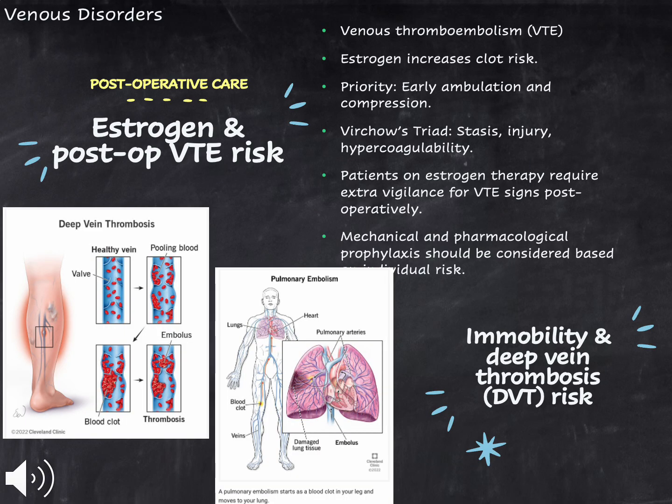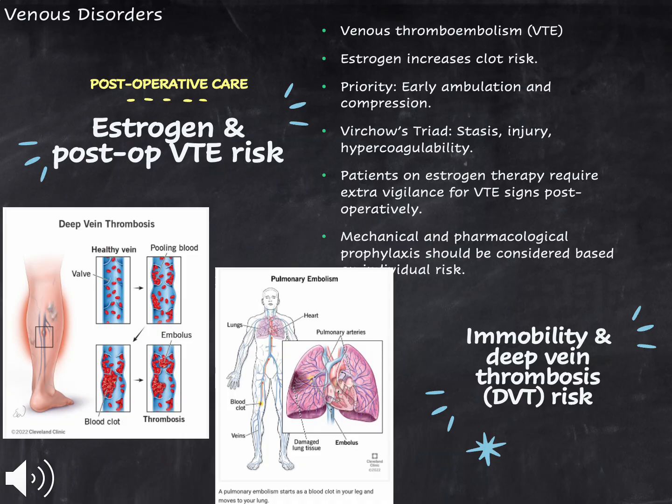Now, let's look at a particularly high-risk situation, when immobility and estrogen therapy combine to increase the risk for deep vein thrombosis, DVT, and pulmonary embolism, PE. Estrogen-containing medications, like oral contraceptives or hormone replacement therapy, raise clotting factor levels, creating a hypercoagulable state.